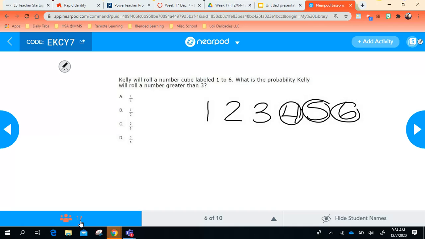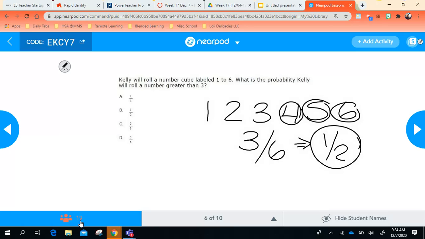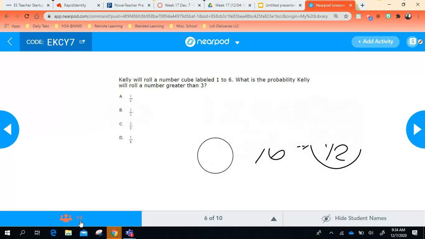How many numbers? 3. 3 out of how many numbers in total? How many total? 6. Perfect. Is that my answer? Am I finished? I have to simplify. When I simplify, what do I get? 1/2. Perfect. So my answer should be B. Nice job, William.